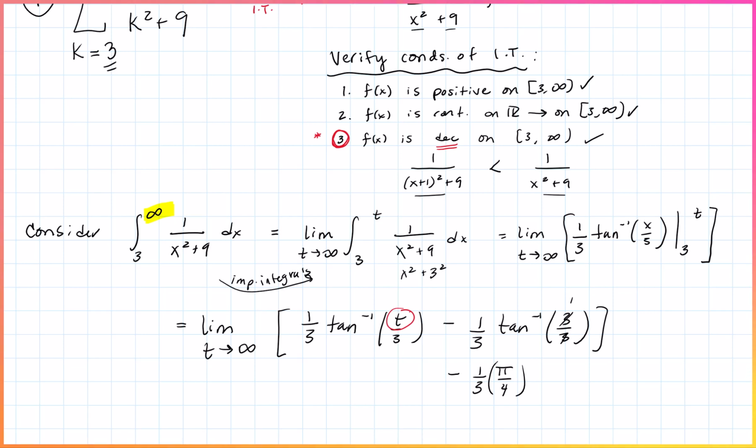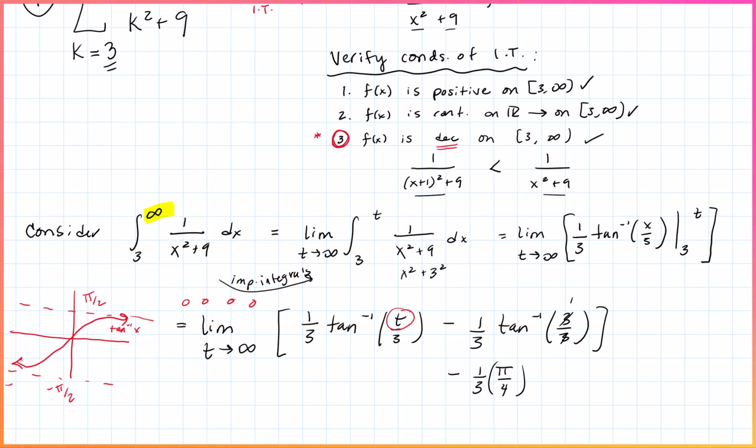So we're thinking about, little sidebar. Hopefully we remember our inverse tangent, but our inverse tangent graph looks like this. This is the inverse tangent of x, and it has those horizontal asymptotes at pi over 2 and at negative pi over 2.